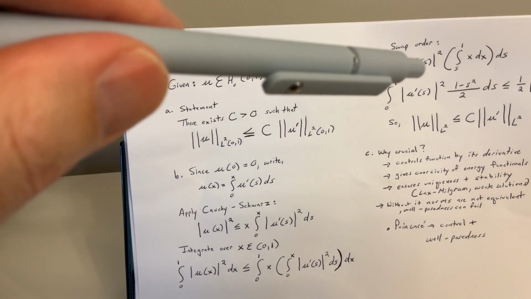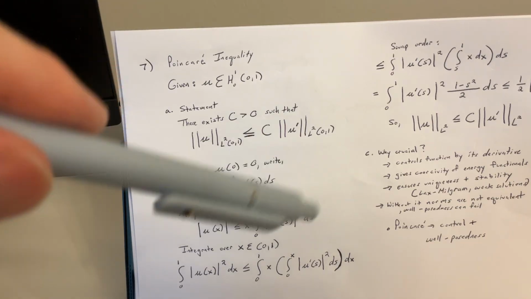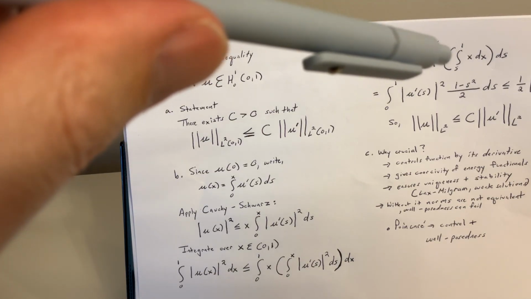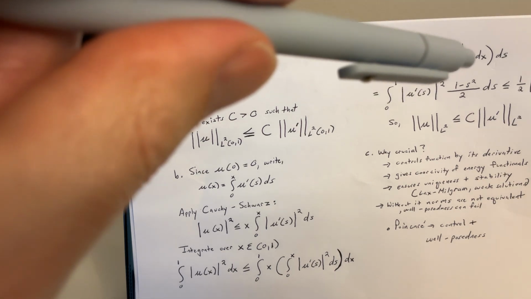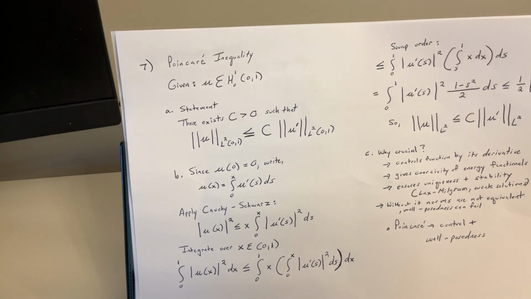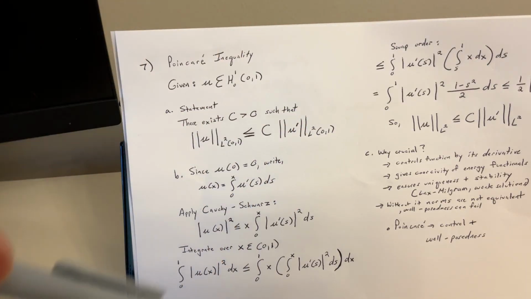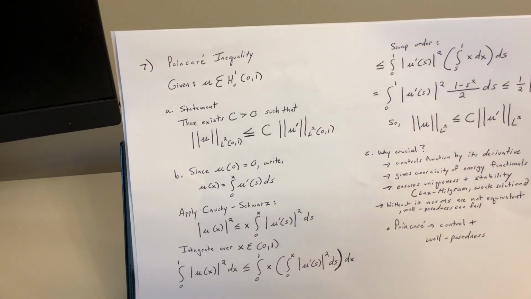And what we could say is u prime of s squared times the integral from s to 1 of x dx ds. That's the key, and we could set this to an equals.